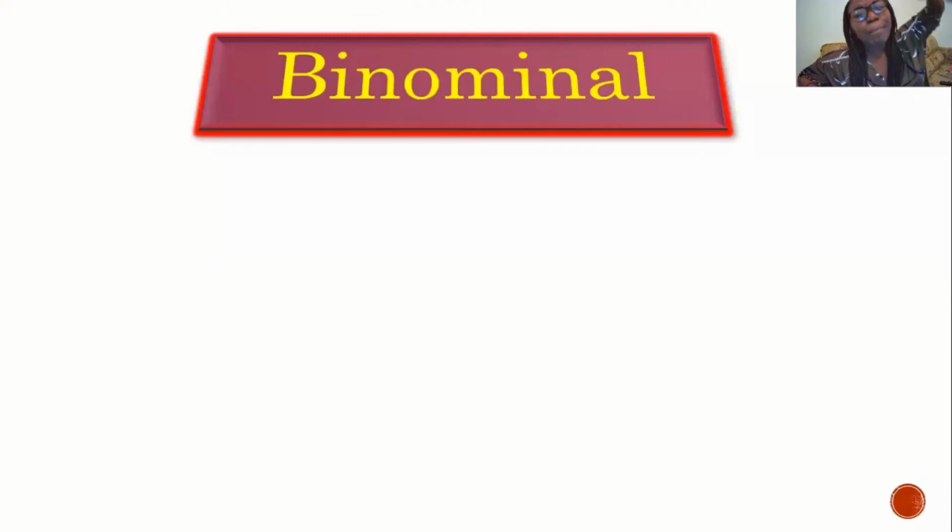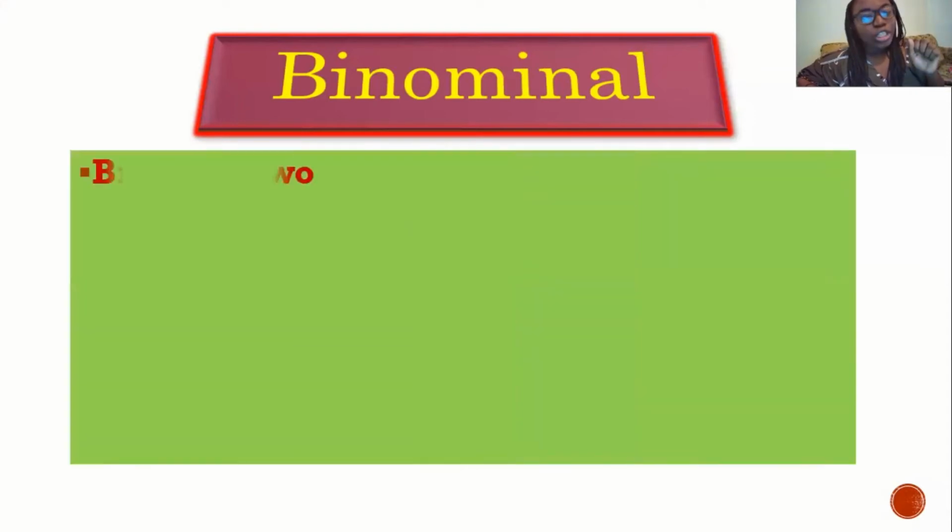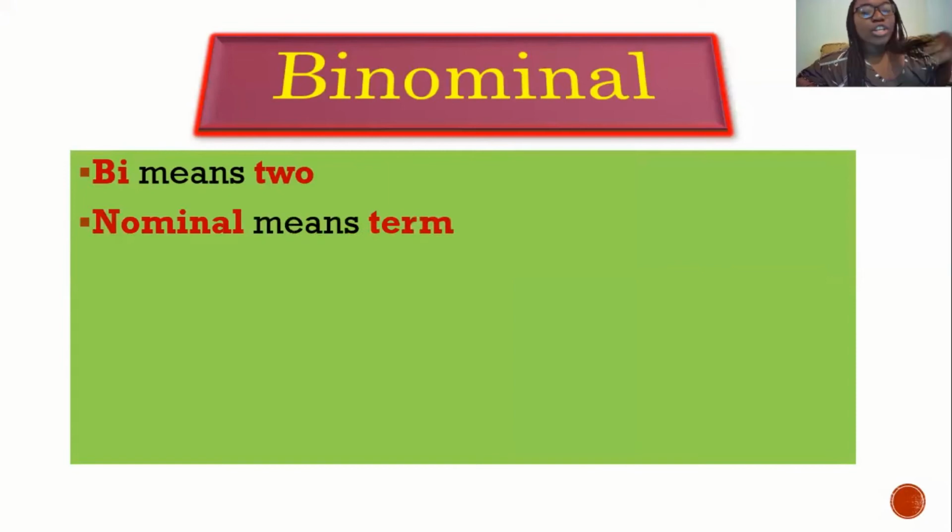All right, so let's jump right into the meat of the matter. When we talk about binomial, what are we really talking about? What is a binomial? Let's see if we can break down the terms. We know bi usually means two, but many of us may not know what nominal means. Nominal means term.